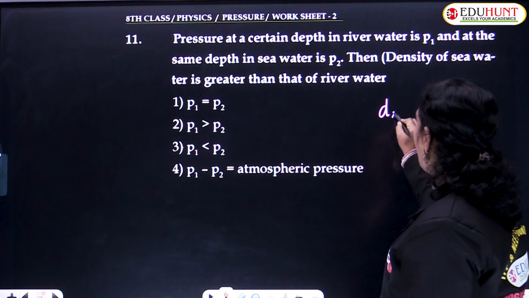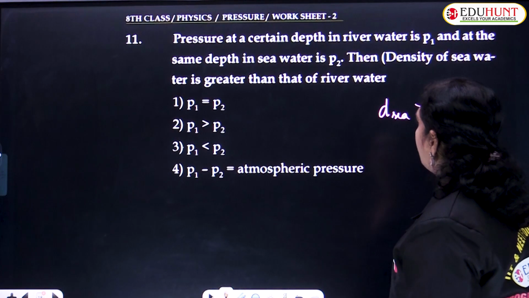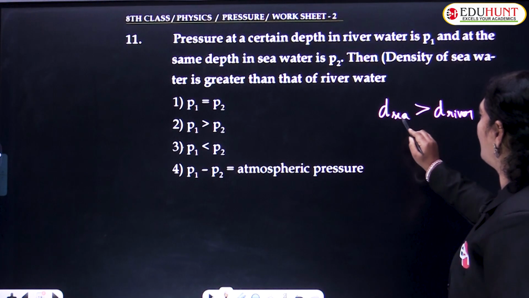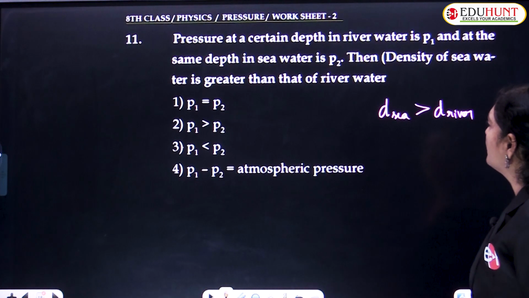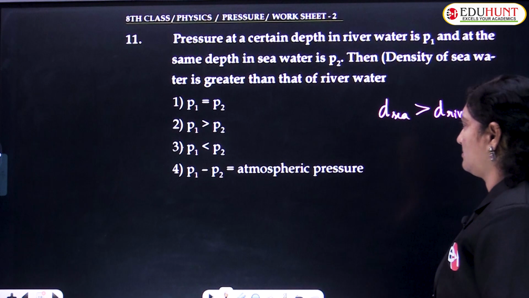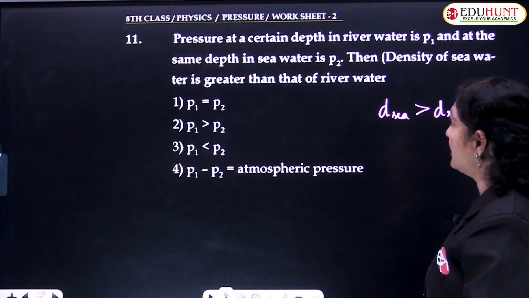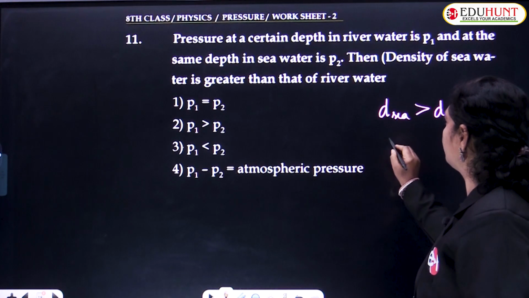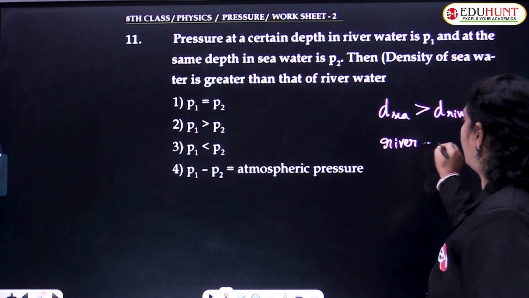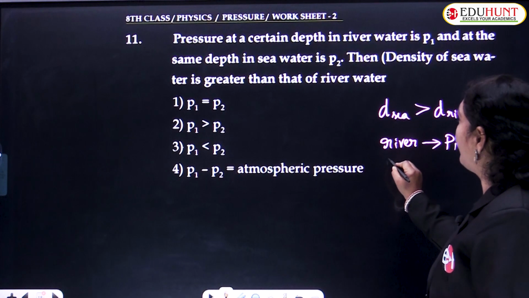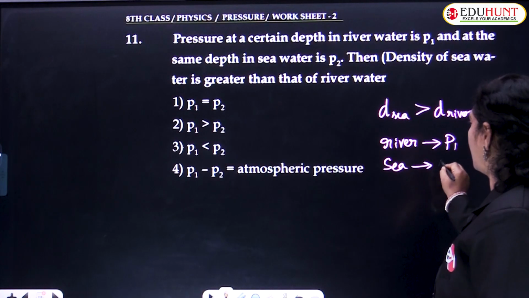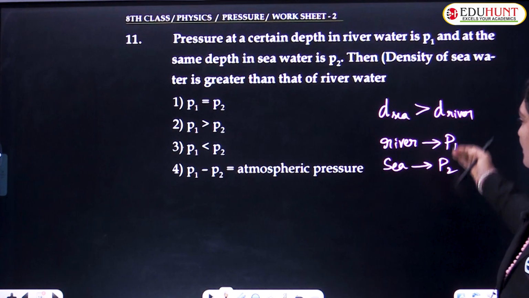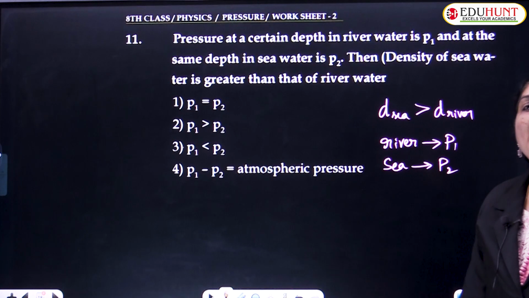Given that density of sea water is greater than the density of river water. What else was given? Pressure at a certain depth in river water is taken as P1, whereas in sea water it is taken as P2. You agree, children? Then you need to identify the relation between P1 and P2.